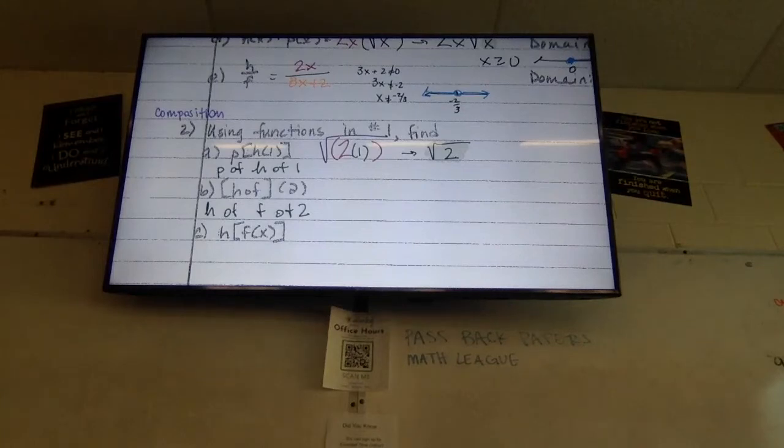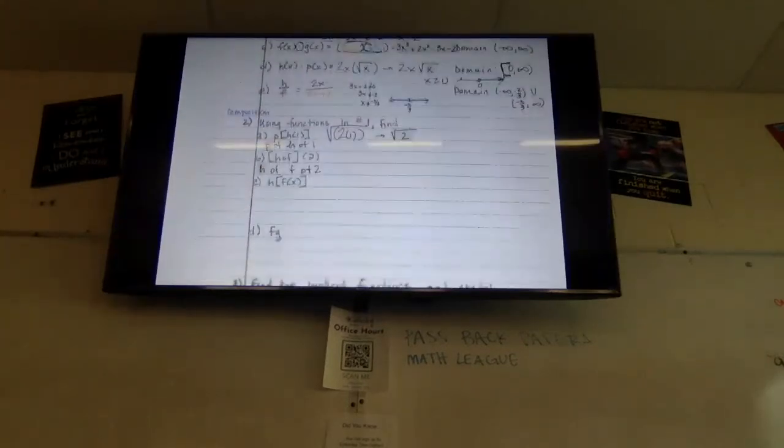Which function's on the outside in this case? No, outside of H or F. H. H is my outside function. Why is it the outside function? Good, because it's written first. P was written first, so it was that outside function. H is written first, so it's my outside function.